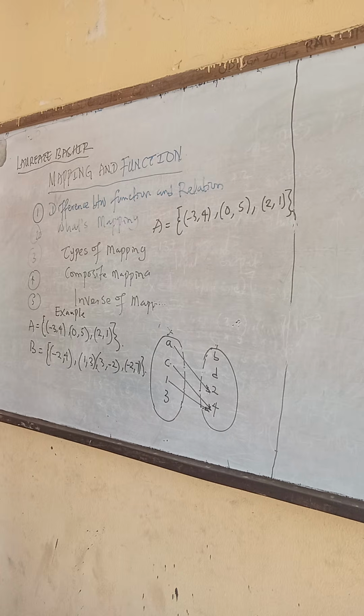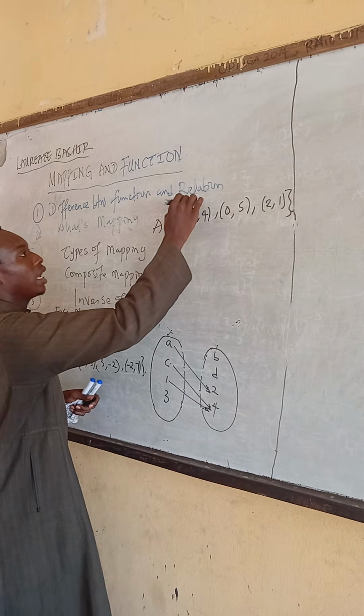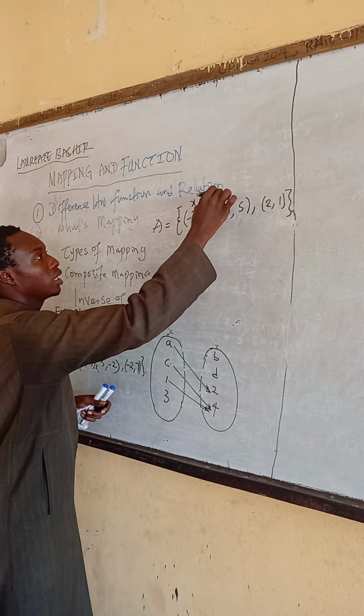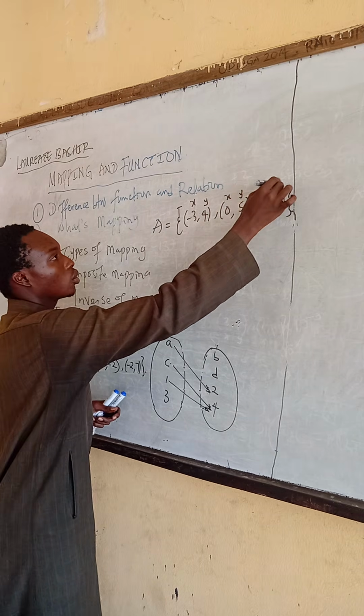Minus 3 comma 4, 0 comma 5, and 2 comma 1. So look at this, minus 3 comma 4. For this one, you can see that it is x, y, x, y, x, y.